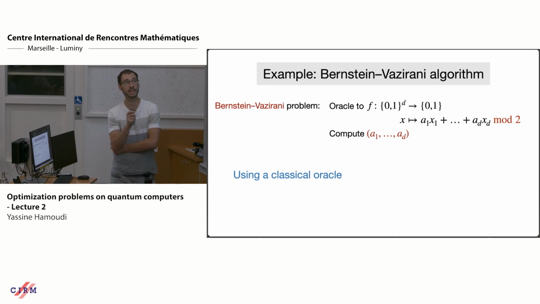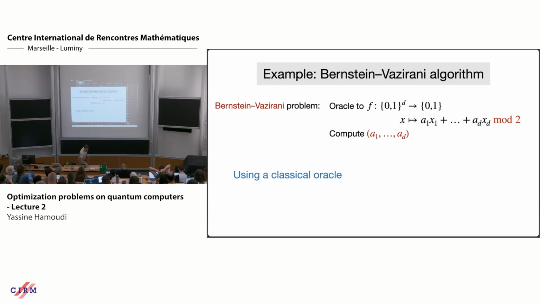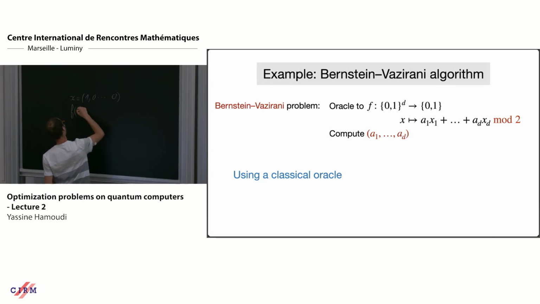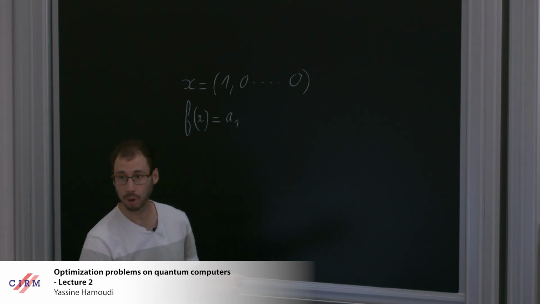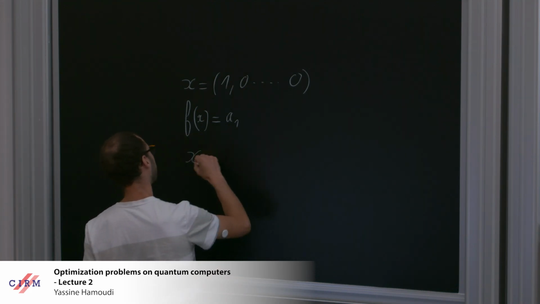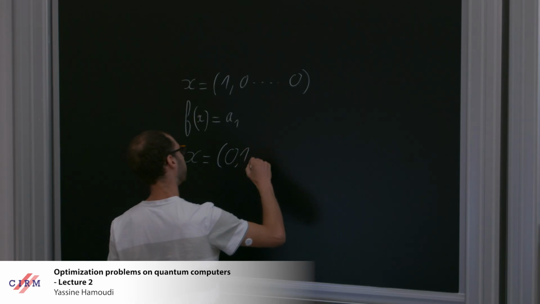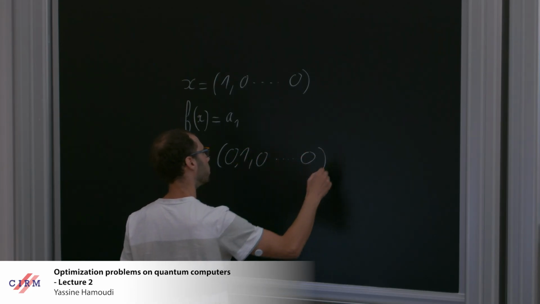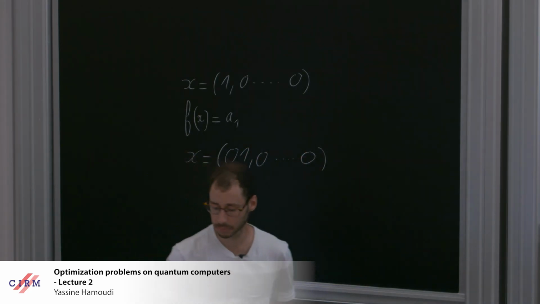So what it suggests is to make a first query, so maybe let me write it down. The first query is going to be with x equal to 1, 0, 0, 0, and f of x will be equal to a1. And then you can proceed with x being 0, 1, 0, 0, 0. You would get a2, etc.